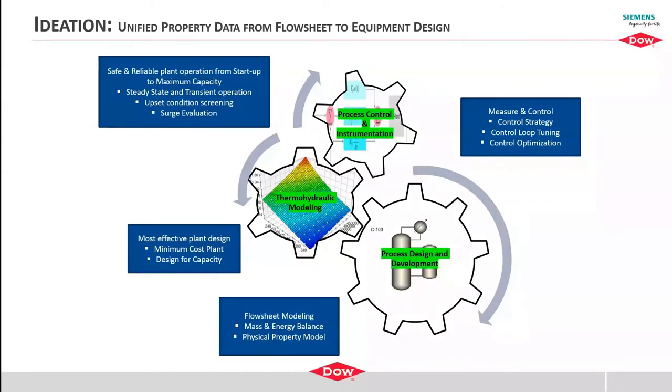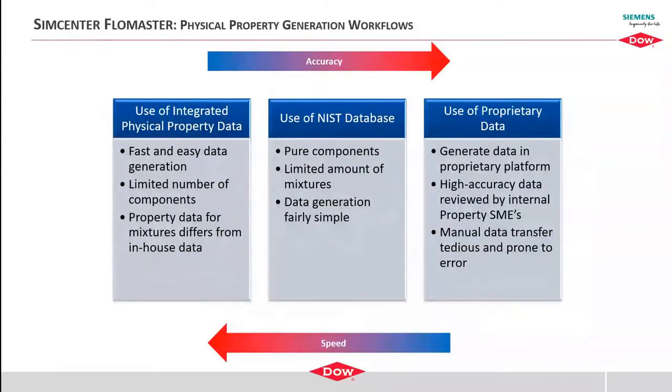So as of now, the status quo when it comes to hydraulic modeling with Flowmaster within Dow, we have three options to get physical property data into the modeling tool. First of all, Flowmaster as such comes with a predefined database.